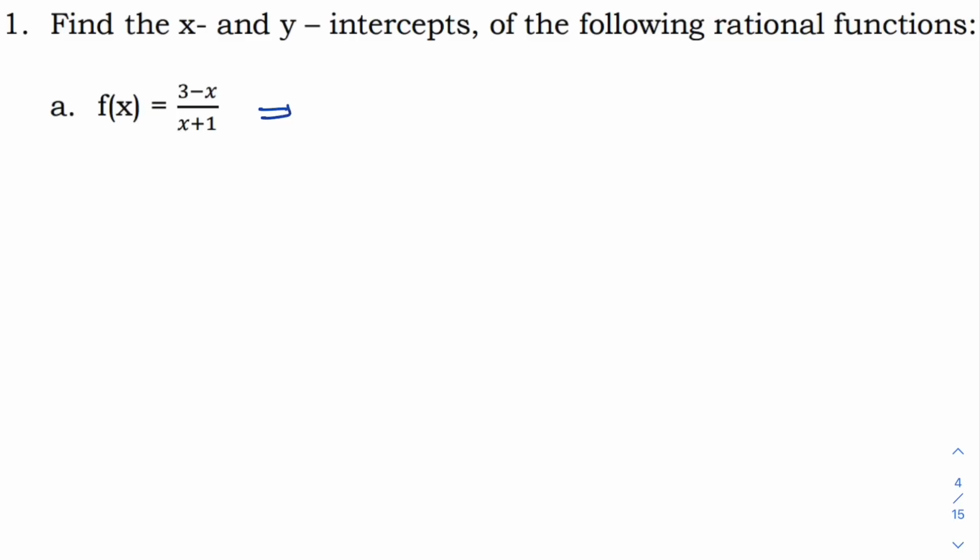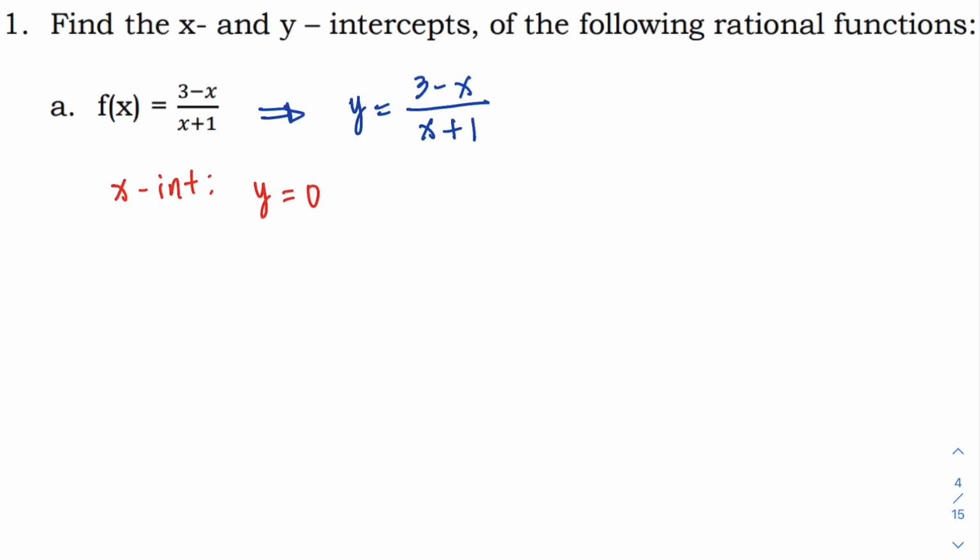So, dito guys, pwede nating i-rewrite yung ating function to y equals 3 minus x over x plus 1. Okay? So, unahin natin kunin si x-intercept. So, sabi din sa procedure kanina, para makuha natin yung coordinate ng ating x-intercept, kailangan i-equate natin si y to 0.